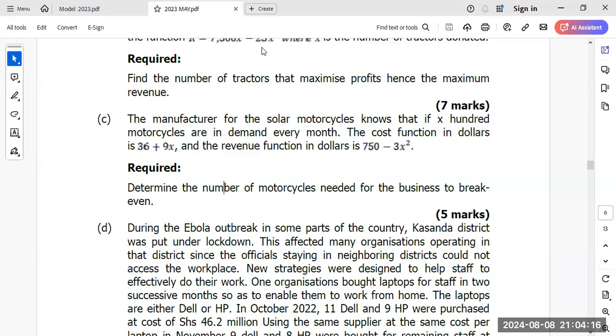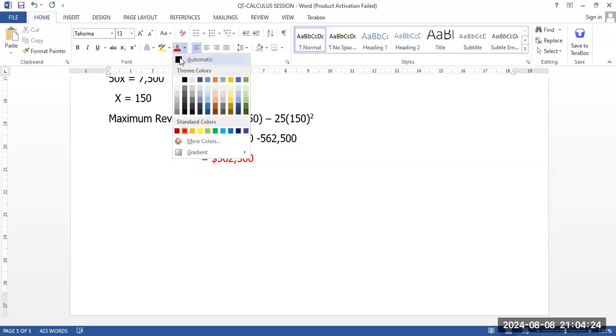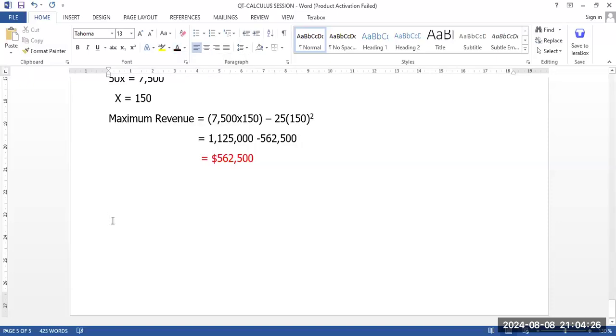Remember, I said at break even, total revenue is equal to total cost. Here we are looking at it in terms of quantity.